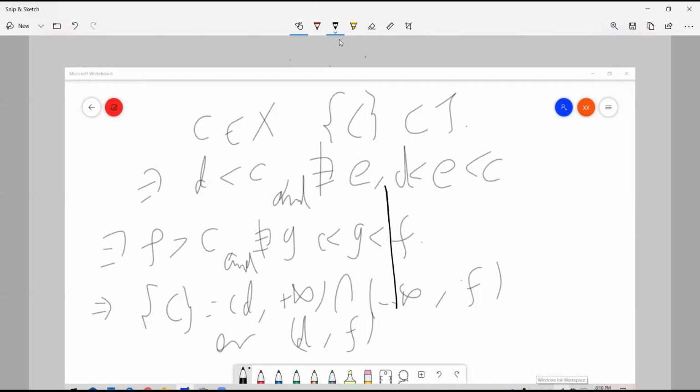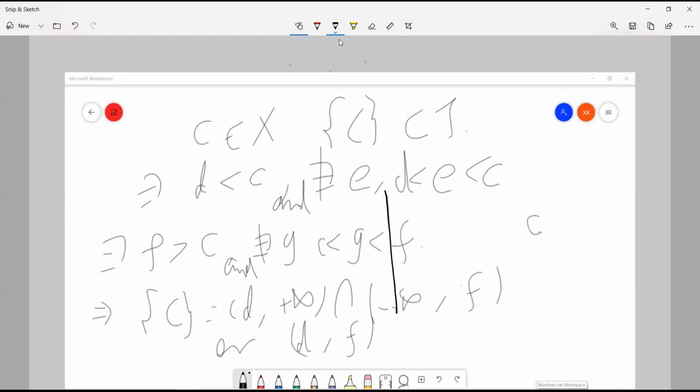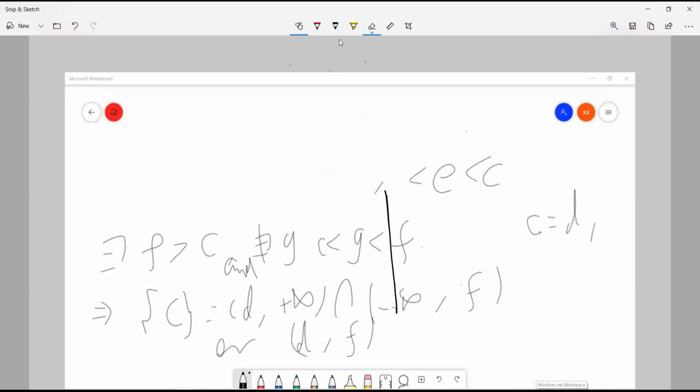Yep, sure. But if you choose C equal to B1, this argument will not work because the first step is not true, right?